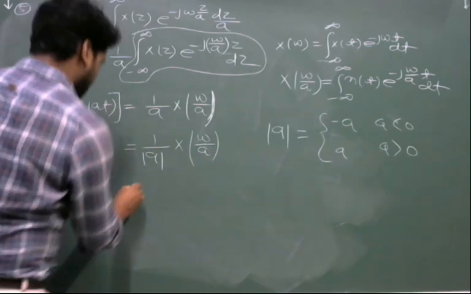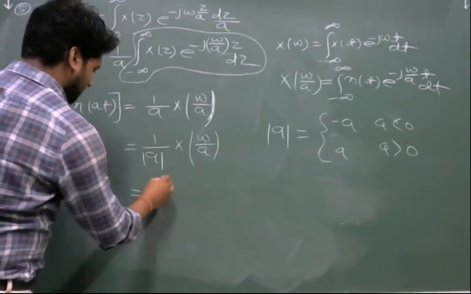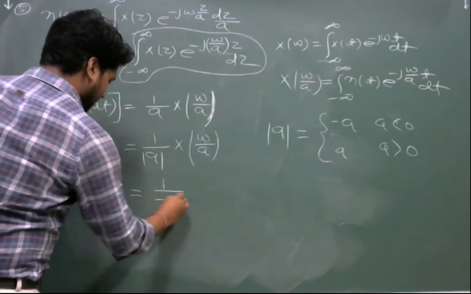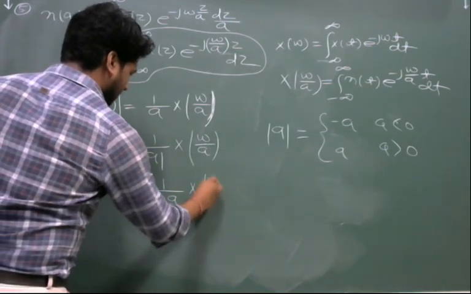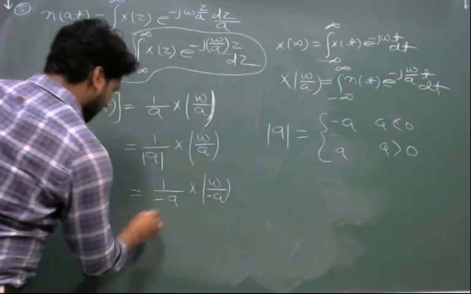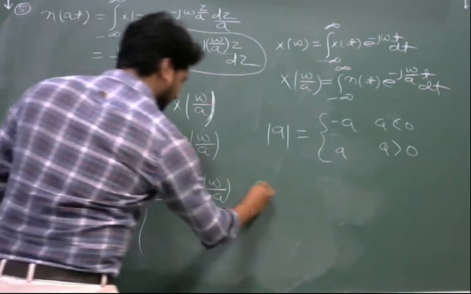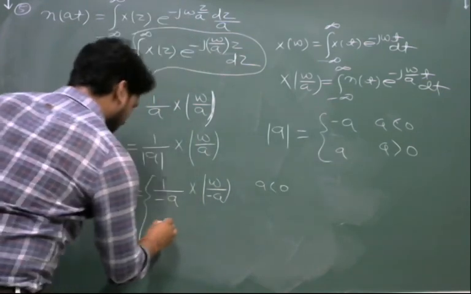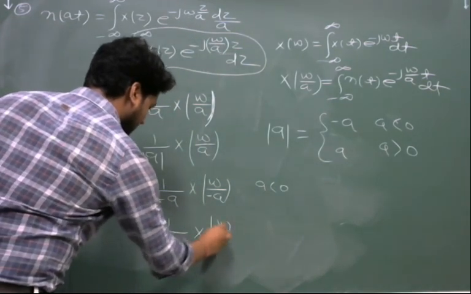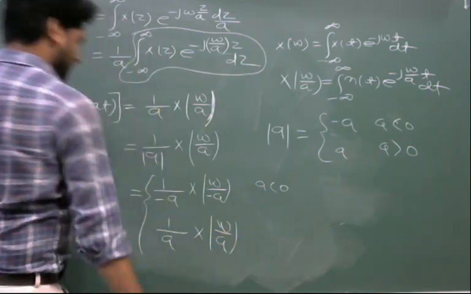If a is less than 0, then this can be written as 1 upon minus a X of omega upon minus a. If a is greater than 0, this can be written as 1 by a X of omega by a.